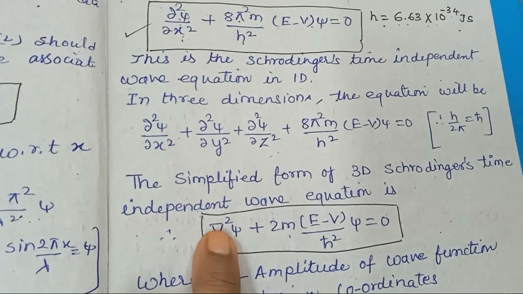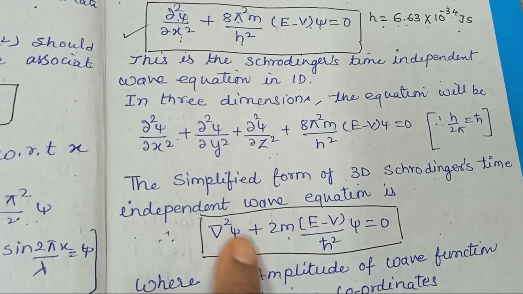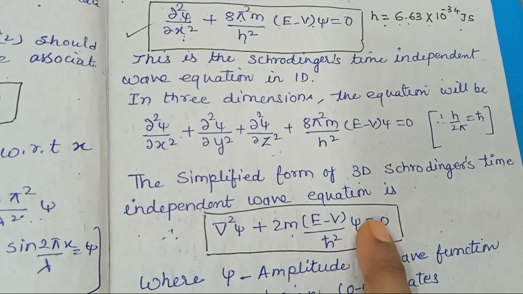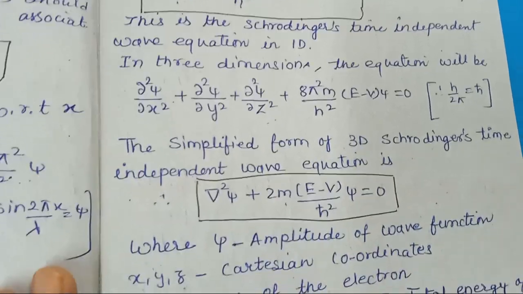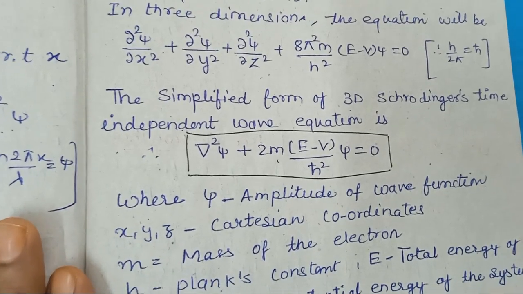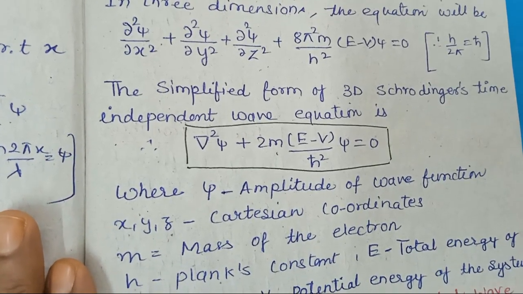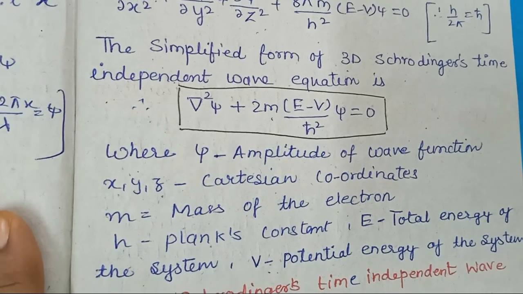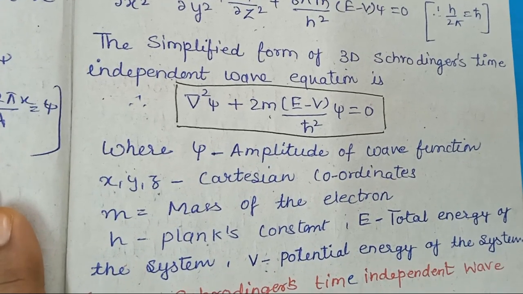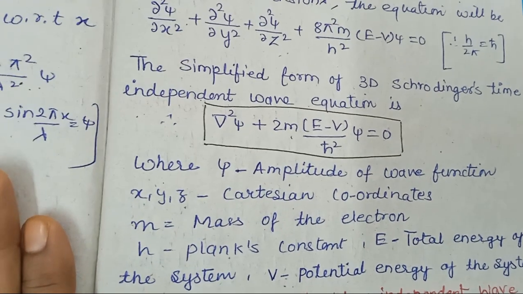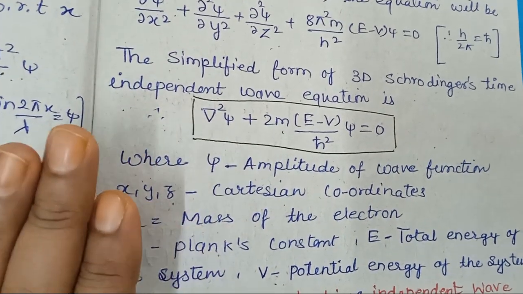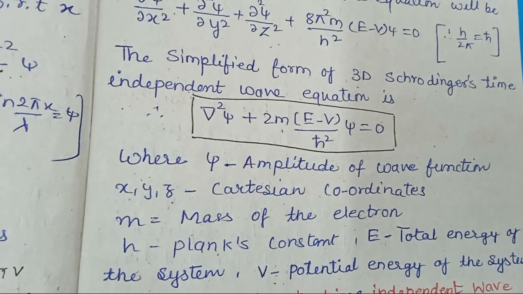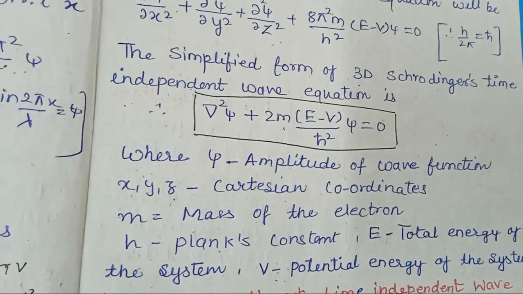In simplified form, del 2 psi plus 2m (E minus v) upon h cross square psi equals 0, where psi is the amplitude of the wave function, x, y, z are Cartesian coordinates, m is the mass of the electron, h is Planck's constant, E is the total energy, and v is the potential energy. This is a very important derivation, the Schrodinger time independent wave equation.